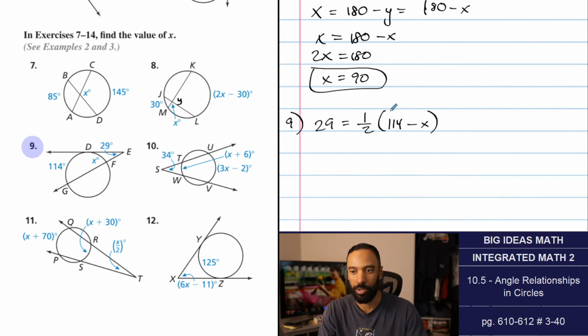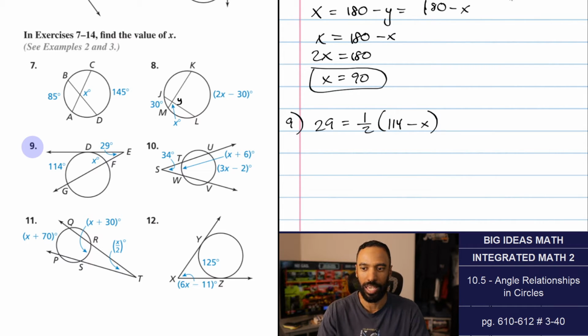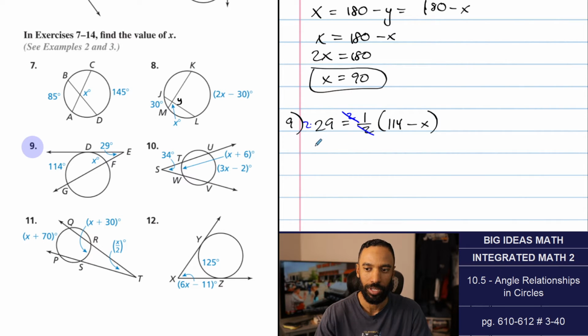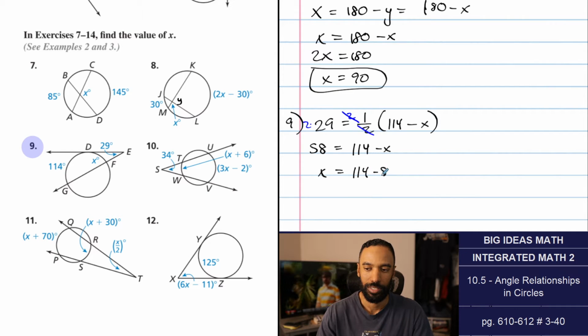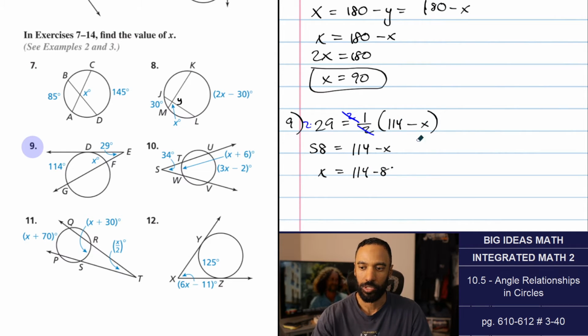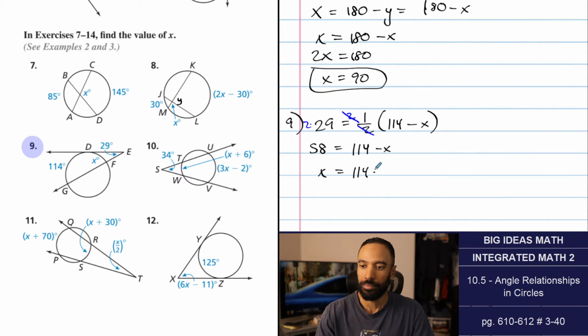Now, instead of distributing 1/2 here, the better bet for this every single time, and I won't write this in future times, but multiply both sides by 2. You have the 1/2 here. If you multiply by 2, that part goes away, but we double this angle measure here, the 58. 58 is 114 minus x. If I add x to both sides, and subtract 58 from both sides, then I can, whoops, get my result. 58.